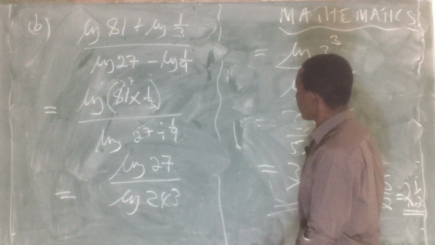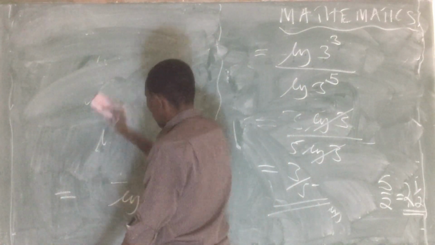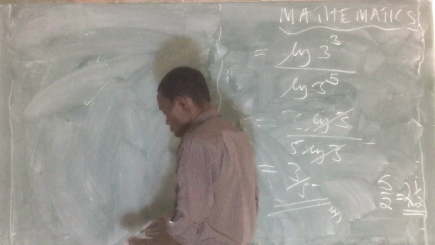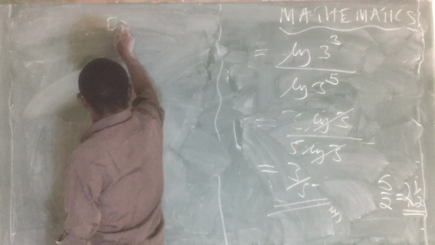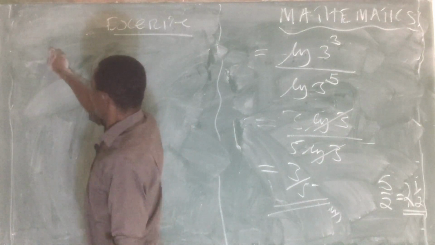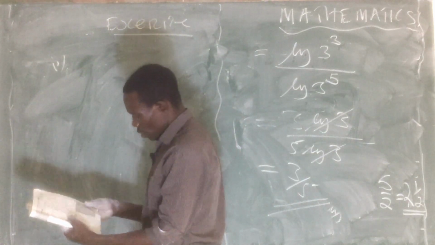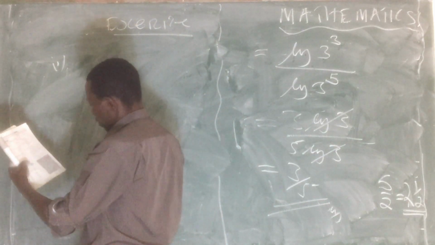The trial exercise, I'll just give you 2. Right. 1. I want you to work out on the following. You need to simplify this.